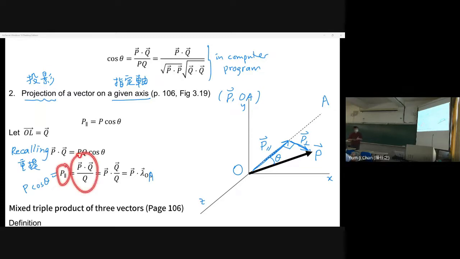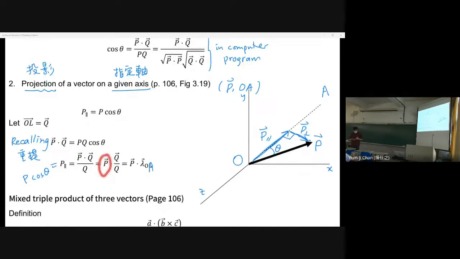And so we get P dot vector Q over the magnitude of Q. Of course, it is okay to use this to calculate this.